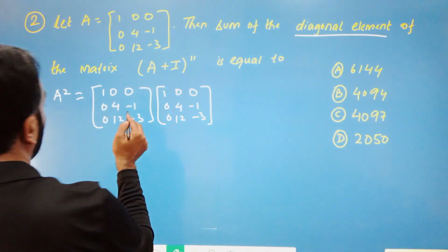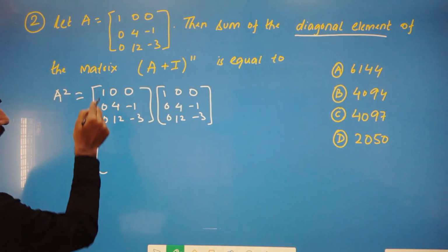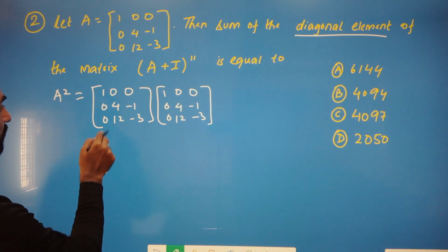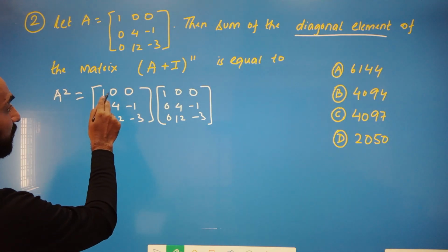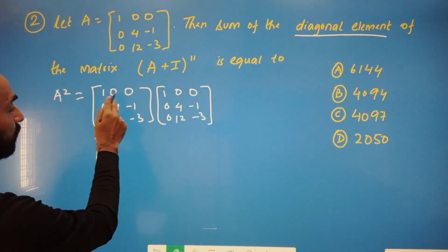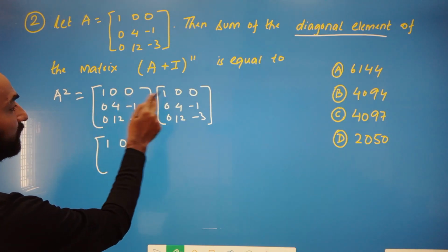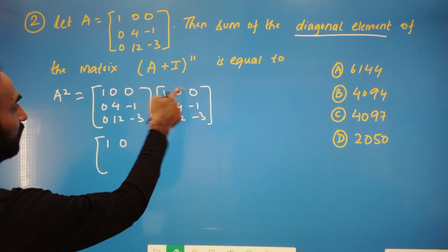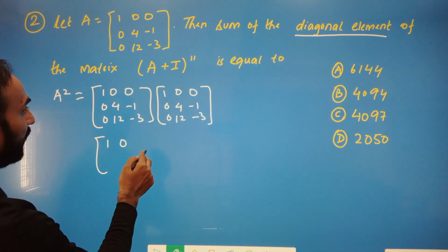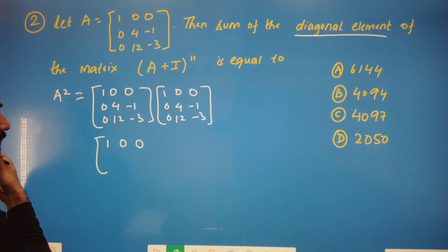So I am multiplying these numbers. First I will get 1 into 1, which equals 1. First row, second column, I will get 0. First row, third column, this will become 0. So the first row is done.